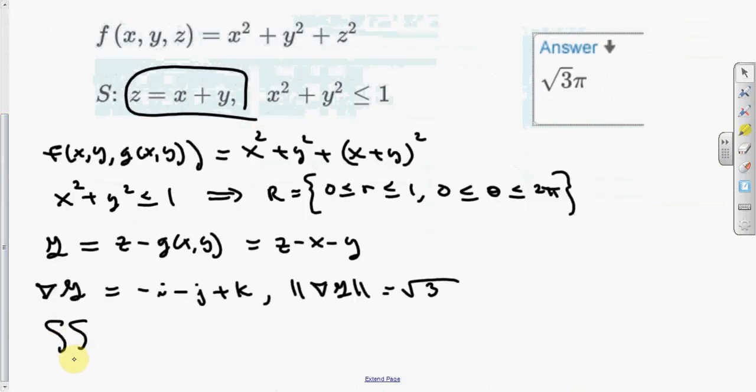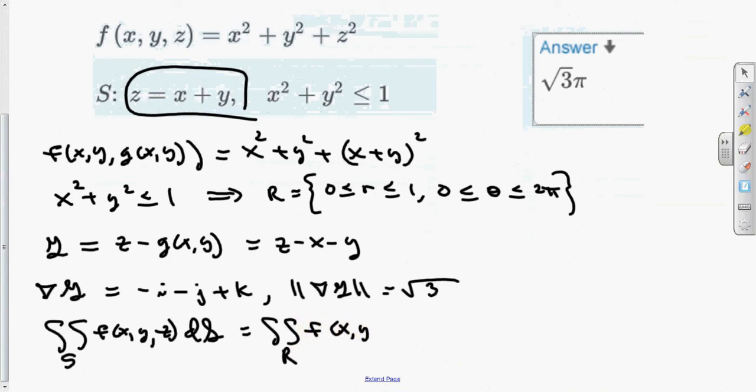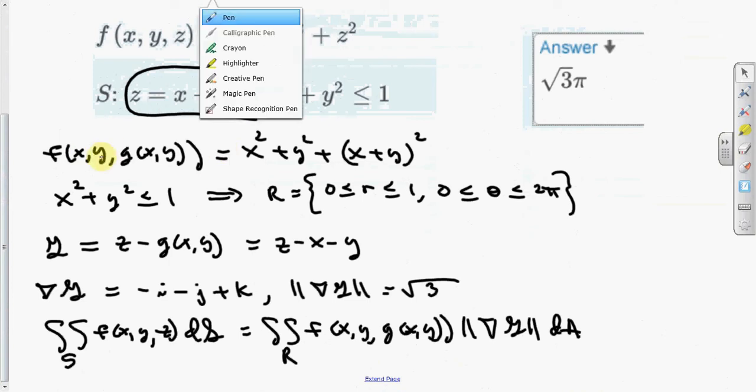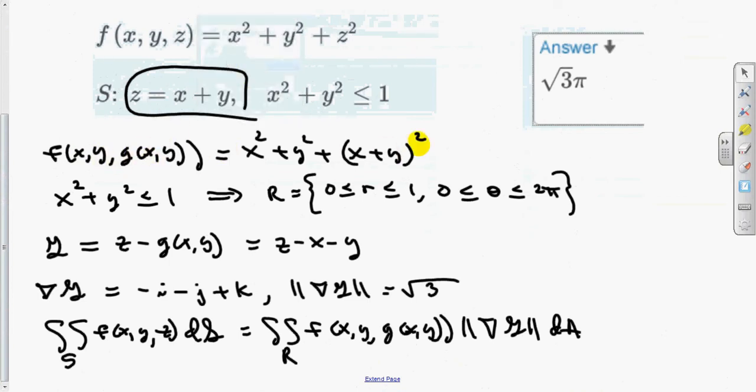I was on the previous page, I'll write it again. This double integral over the surface of f of x, y, z, dS is the double integral over the region of f of x, y, little g of x, y, times that norm of the gradient of g, which we just found to be the square root of 3, times dA. The next thing we have to do is to convert this function f of x, y, z to its polar form.